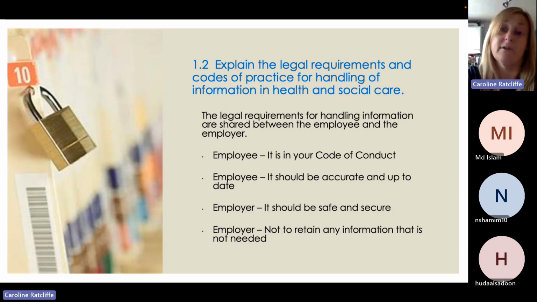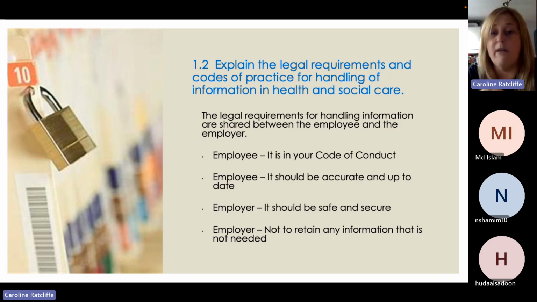So in other words, even if it's either a vulnerable adult or a vulnerable child, you've got this position, you've got this duty of care. That means that you have a code of conduct that floats around with it, and you need to make sure that you are working within that remit.